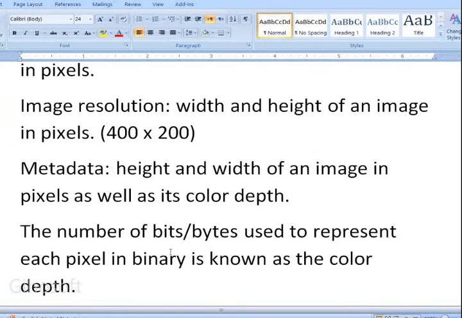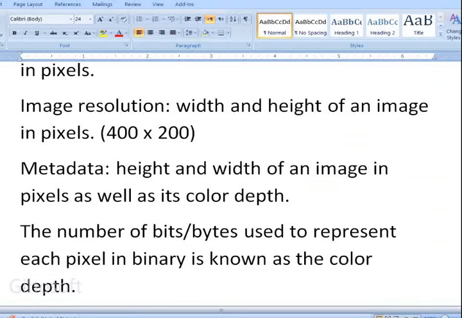The current standard which we have is 3 bytes or 24 bits per pixel, meaning the images which we have in our computers nowadays are made up of pixels, and when they are converted to binary, each pixel is depicted by 3 bytes or 24 bits.